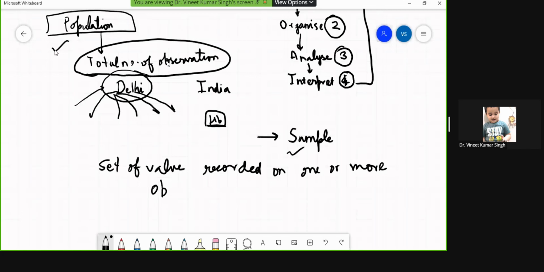Okay. So the value recorded on one or more observational unit. So observational unit can be of sample or can be of population.